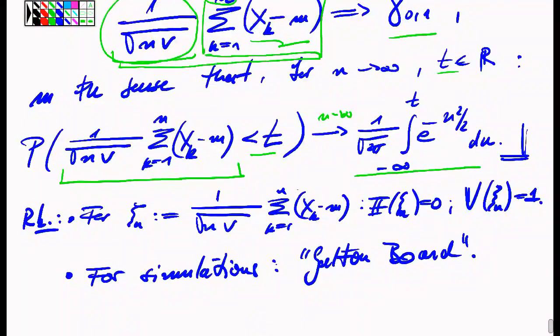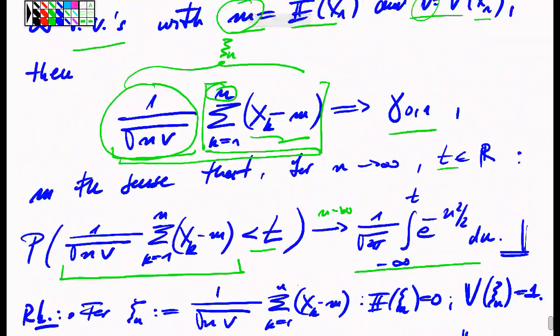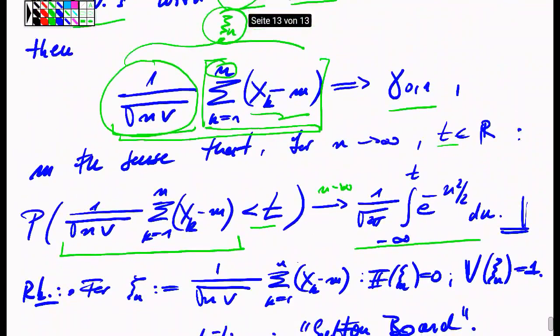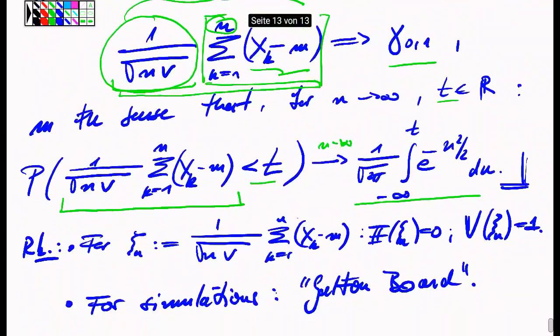So remark on this random variable psi n, of which this effectively is a statement. This random variable psi n is made in such a fashion that it is effectively the sum of the individual xk, but the sum is shifted by an additive shift and finally also scaled by a multiplicative scaling, such that this resulting sum psi n, after shift and after scaling, has expectation 0 and variance 1.